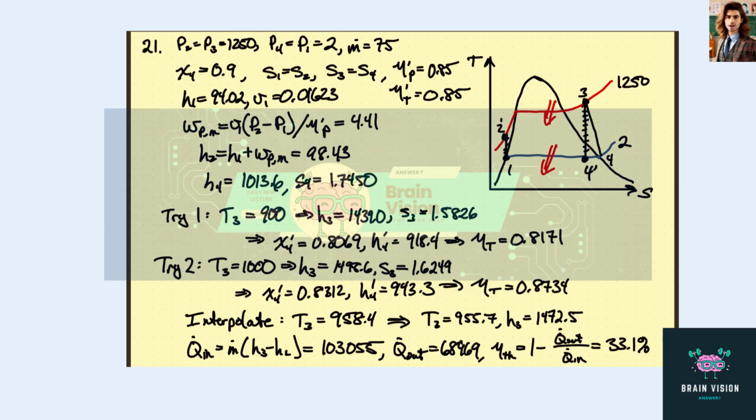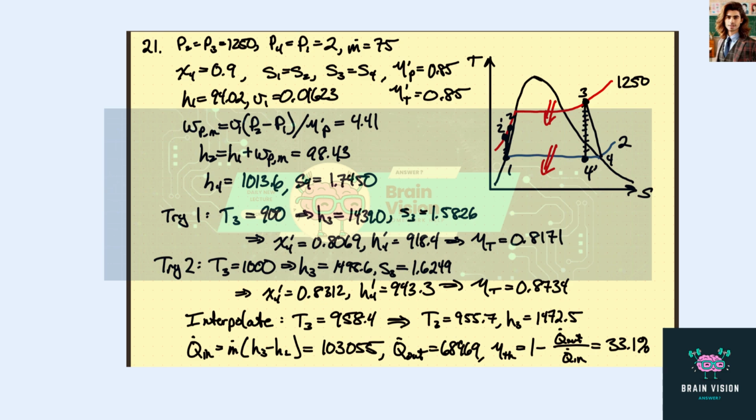No, I didn't calculate where this state was because we didn't need it. And then this one comes up with a little bit of a slope, so it's very hard to see, but we'd have a point 2 somewhere up here, where there's a little bit of an increase in entropy.